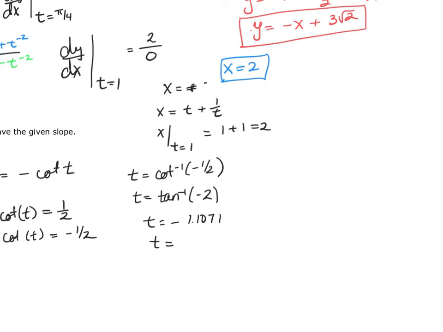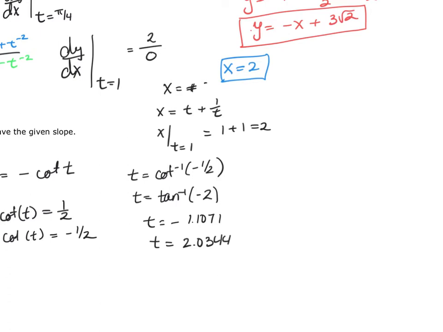So if you add pi to your negative 1 point something, because everybody likes pi, we also get 2.0344. So there are 2 places in which tangent, or in this case cotangent, is equal to a negative number: quadrant 2 and quadrant 4. Here's quadrant 4, here's quadrant 2.